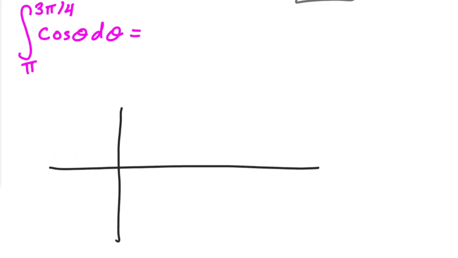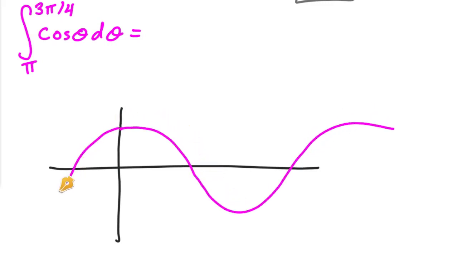So, I mean, this is great, this fundamental theorem of calculus business. We've got the cosine of theta, which looks like this, right? Just a rough sketch, of course. And so let me plot the points here. So this would be where 2 pi is, and this is where pi would be. And then over here would be 3 pi over 4, right? Which is a little bit less.